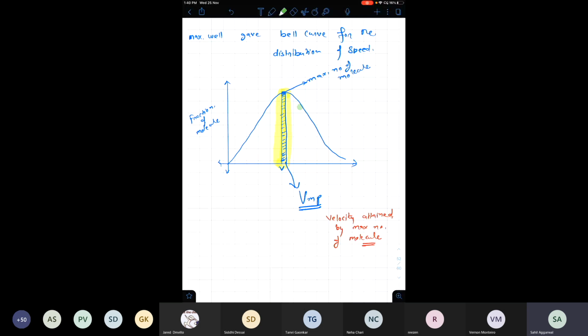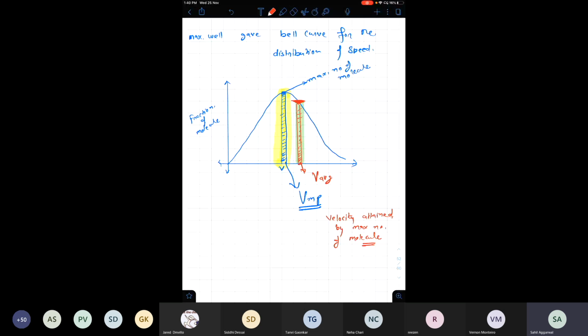Now average velocity will be greater than most probable velocity. Let it be this. This much height of molecules have this velocity, slightly greater than most probable velocity. इस velocity को क्या बोल देंगे? Average velocity.